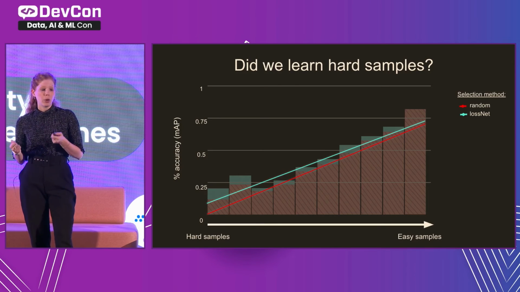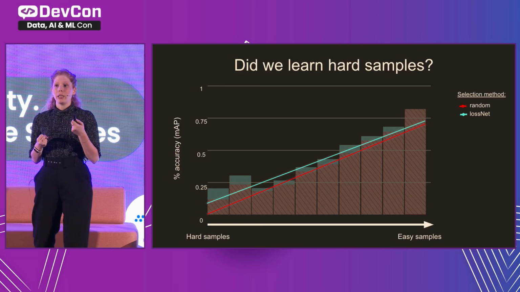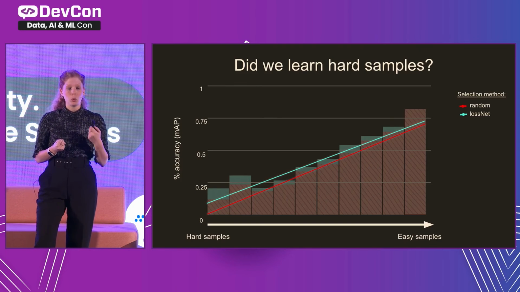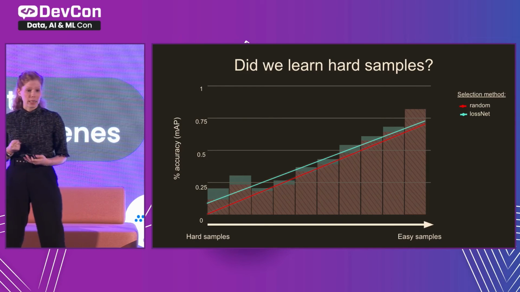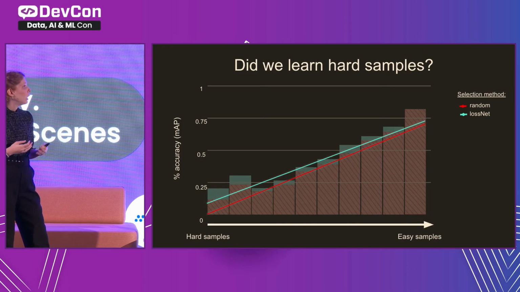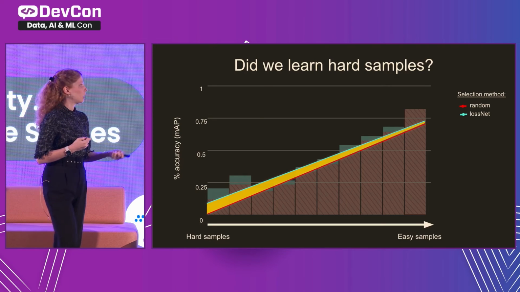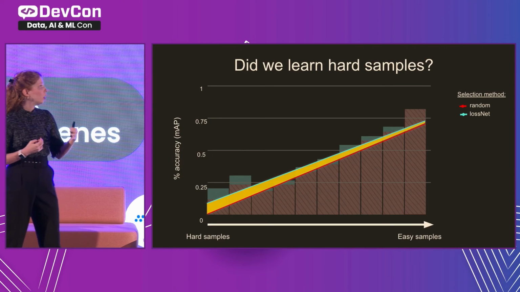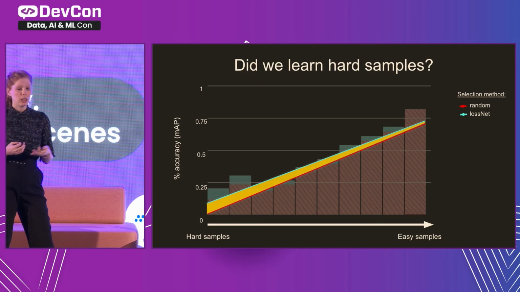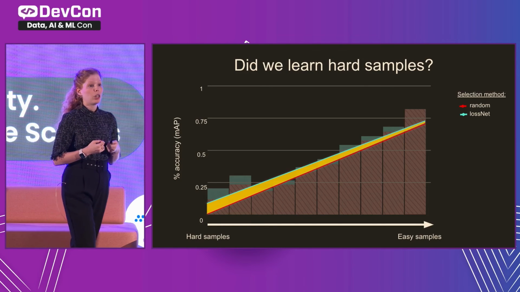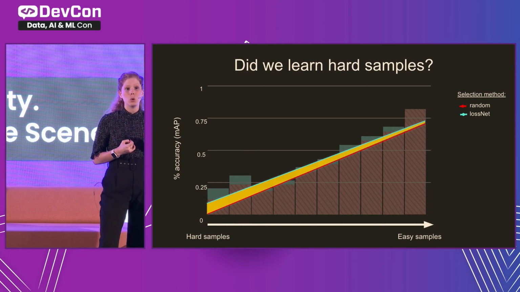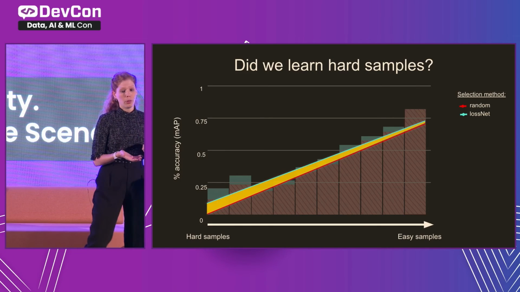But the interesting part is that the improvement that we get when we sample our data wisely using the loss prediction network is bigger on the hard samples than on the easy samples. It's easier to see using this yellow area between the two trend lines. And we can see that we get bigger improvement on the hard samples, as we want, than on the easy samples, where we are already good enough.